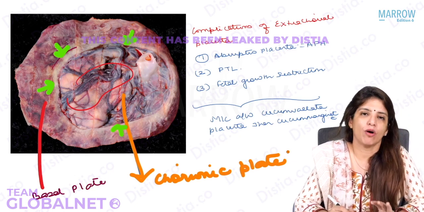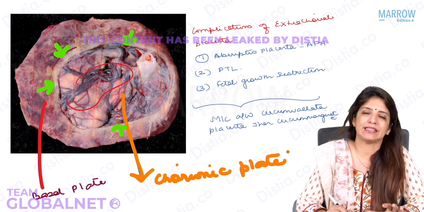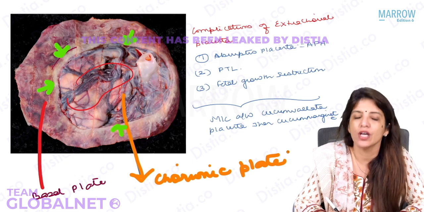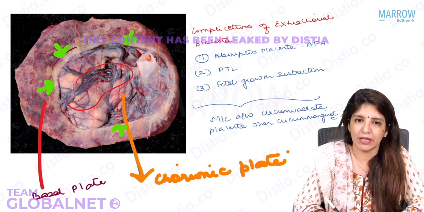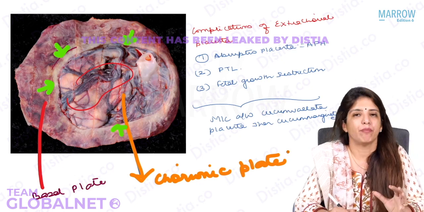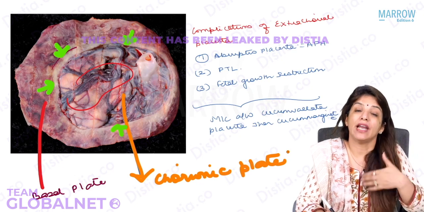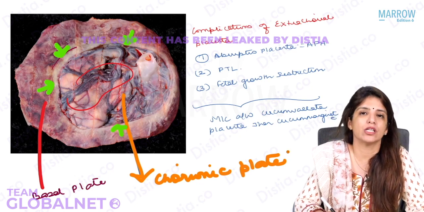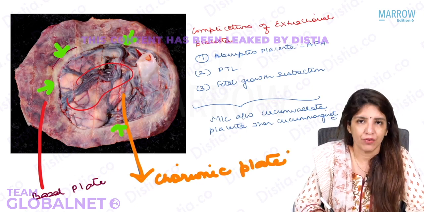Now, what are the complications of extrachorial placenta? It can lead to antepartum hemorrhage. It can lead to preterm labor, and because over here the chorionic plate is smaller, the fetal side is smaller, less blood is going to go to the fetus, so it can lead to fetal growth restriction, right?